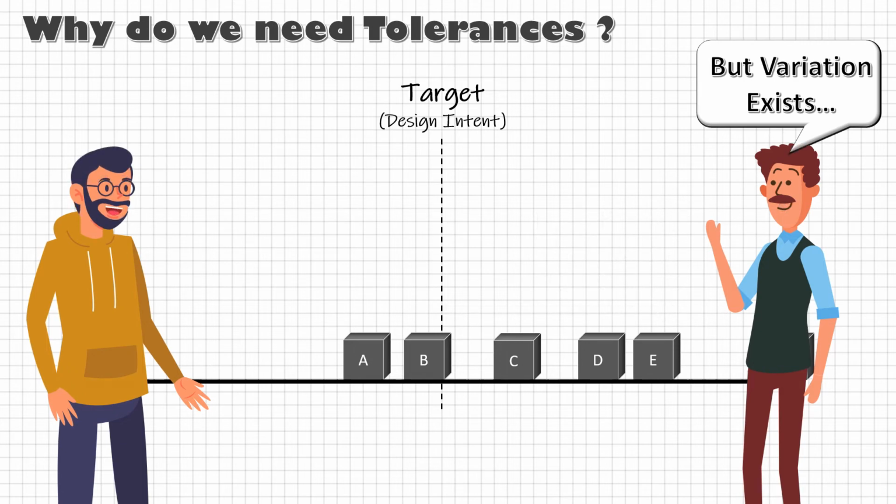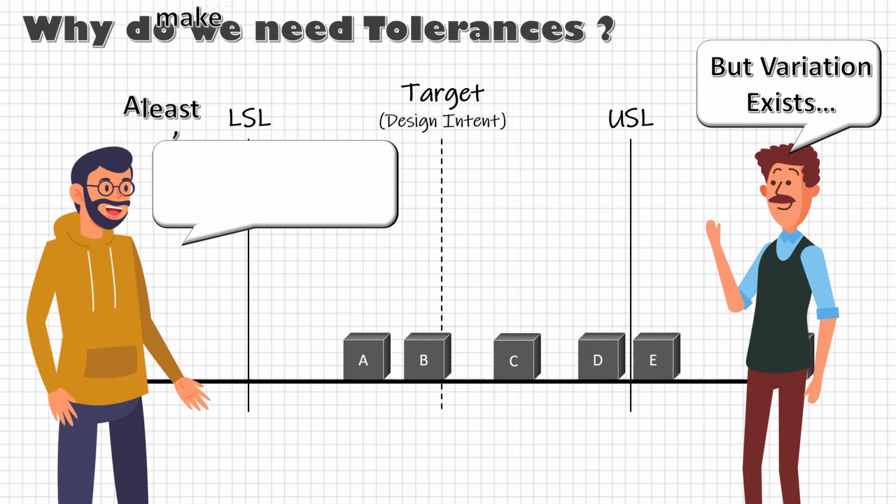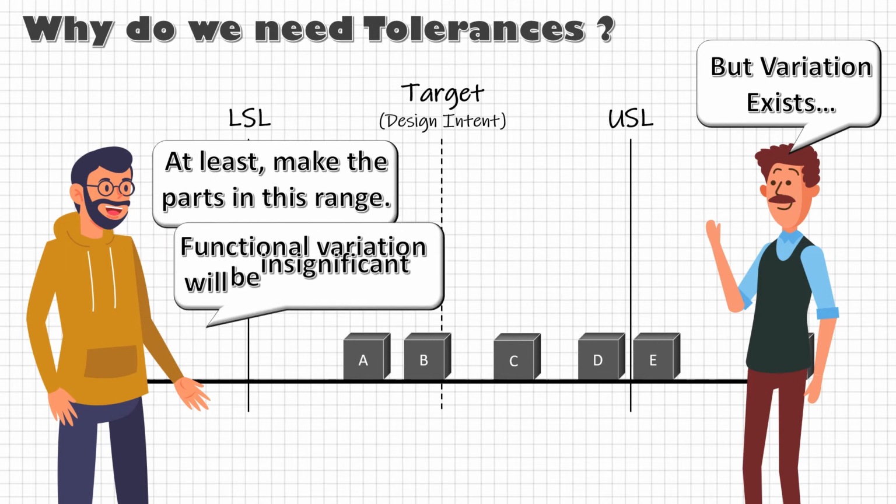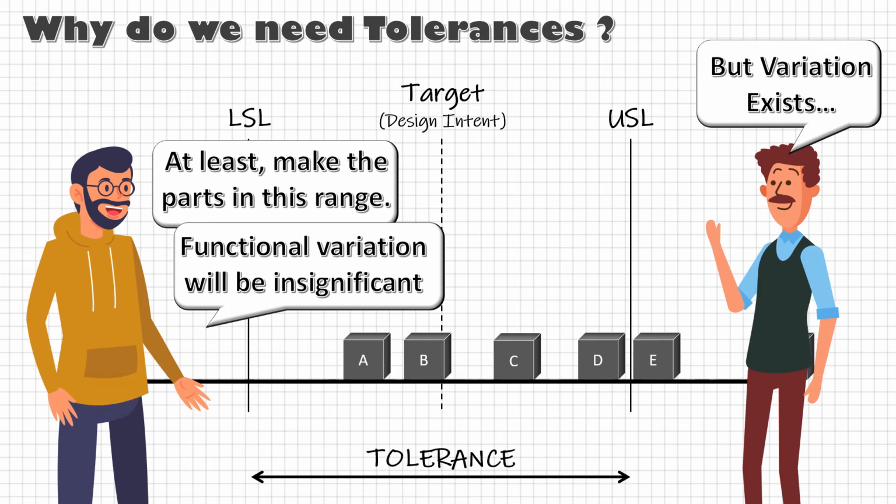So the product designer decides a range that is big enough to take care of the constraint of the production process, that is the natural variation, and at the same time this range has to be small enough so that the customer remains insensitive to this variation within the specifications. This carefully calculated range is reflected in the engineering drawings as tolerances.